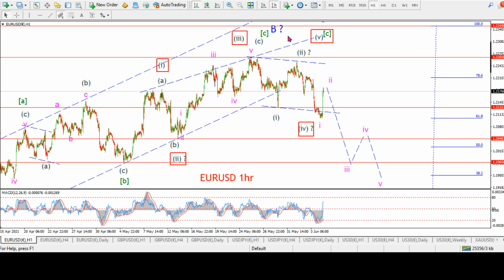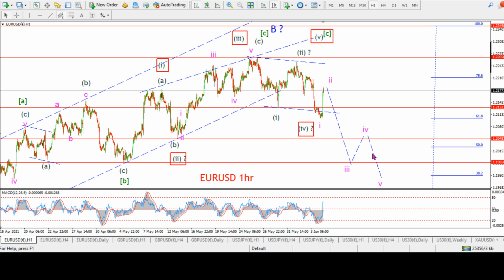So far, like you can see here, we only have a 3-wave pattern down, and we did bounce today, but this can be viewed as a series of 1-2s, and you would expect if we're moving down into what should be an extended decline, we should lose momentum to the upside and then begin to build momentum to the downside.